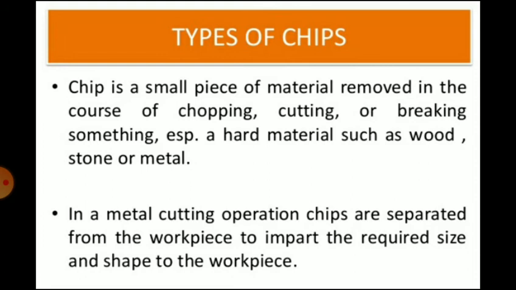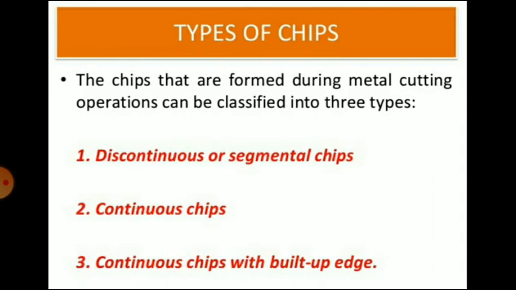In a metal cutting operation, chips are separated from the workpiece to impart the required size and shape to the workpiece. The chips formed during metal cutting operations can be classified into 3 types. First is discontinuous or segmental chips, second, continuous chips, and third, continuous chips with built-up edge.